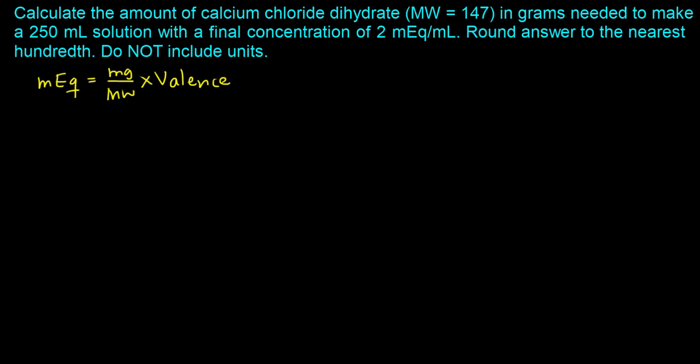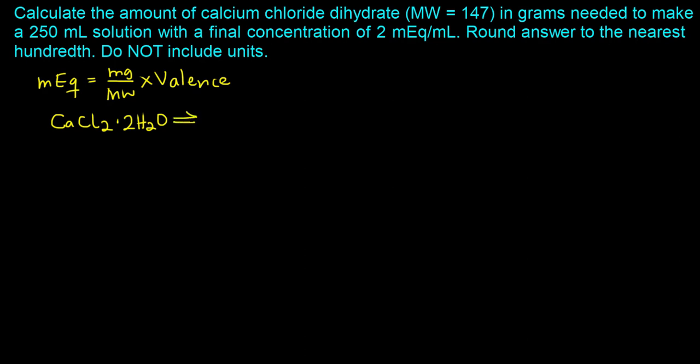So we've been given the molecular weight of calcium chloride dihydrate as 147. The next thing we need to do is determine the valence of the calcium chloride dihydrate. So calcium chloride dihydrate is given as CaCl2.2H2O.